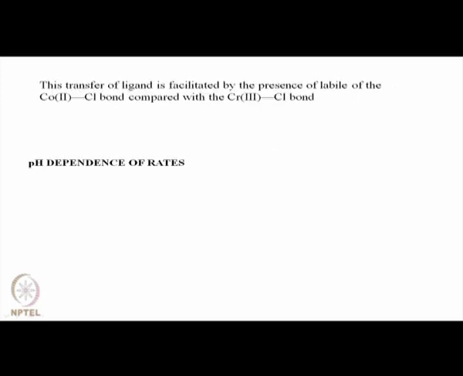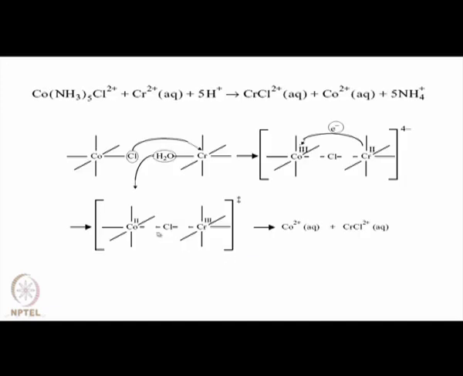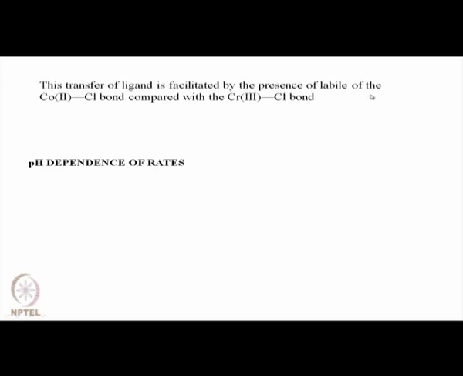This transfer of ligand does not always happen. The moment this chloride is a part of chromium, the transfer is possible because the cobalt 2 chloride bond is more labile compared to the chromium chloride bond.